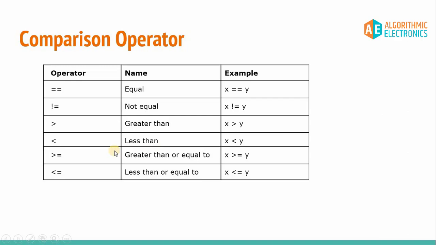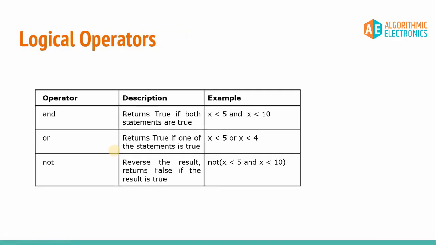Now we'll discuss the next group of operators, and this is the group of logical operators. Generally, logical operators are used to group two different relational operators or any other expressions. They are used to combine two different expressions, and collectively the condition or expression is evaluated as true or false.